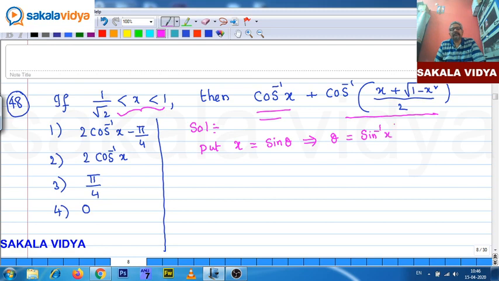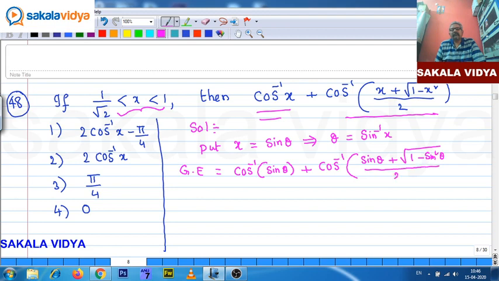Now the given expression becomes cos inverse of sine theta plus cos inverse of (sine theta plus root of 1 minus sine square theta) upon 2.